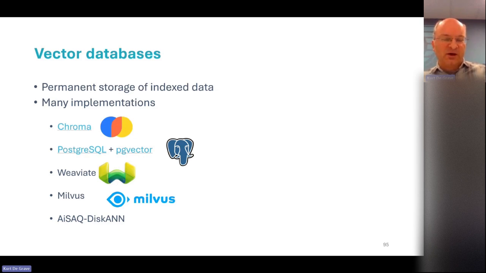It's a very active field of research, so there are new papers all the time about new approximate nearest neighbor algorithms. For example, DiskANN is a method where you can have a huge vector database with only very little constant memory use, RAM use, and all of the database, and even all of the indexes, are only stored on SSD storage.